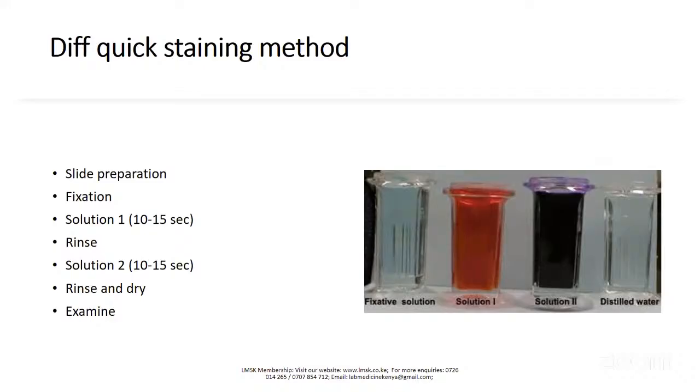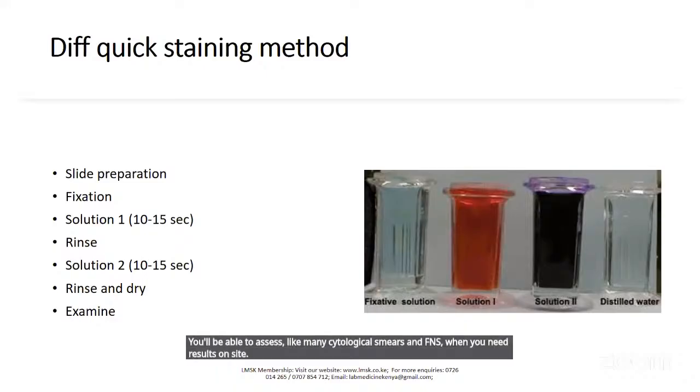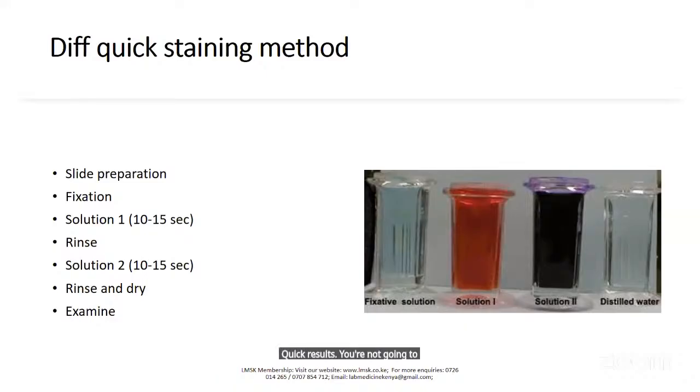Thank you. Quick diff, we said it's the reverse of field stain, and it's used to stain mostly cytological cells. You'll be able to assess many cytological smears and FNAs when you need results on site, quick results. You're not going to do the routine H&E.